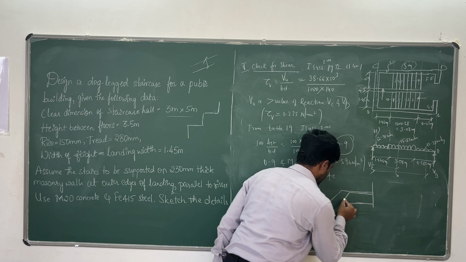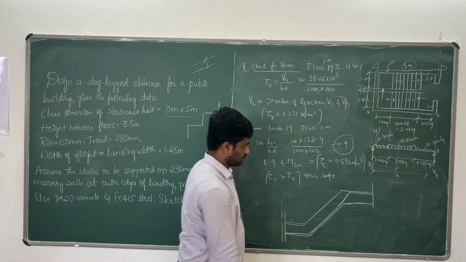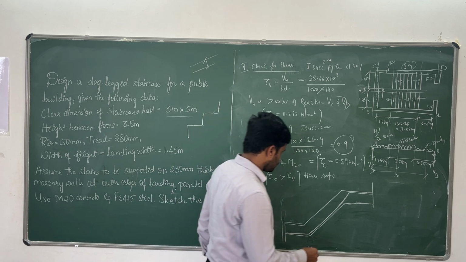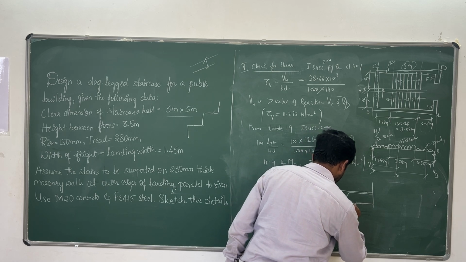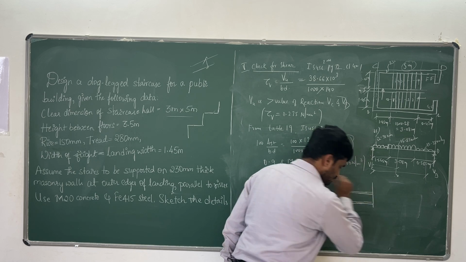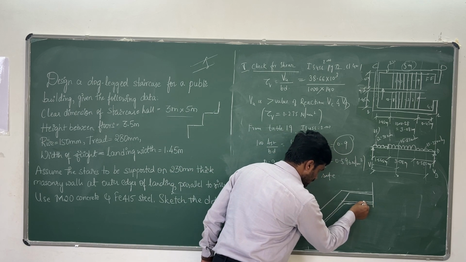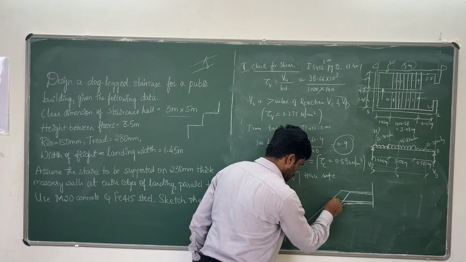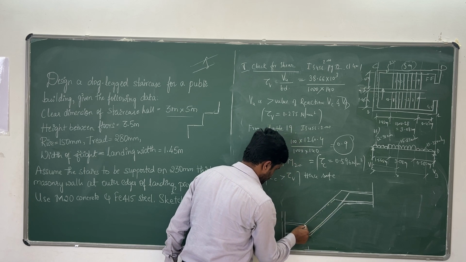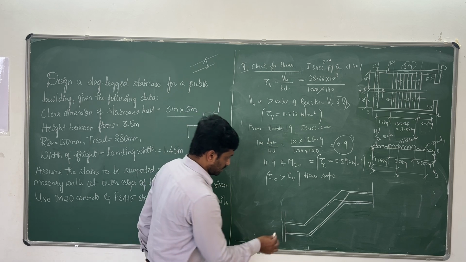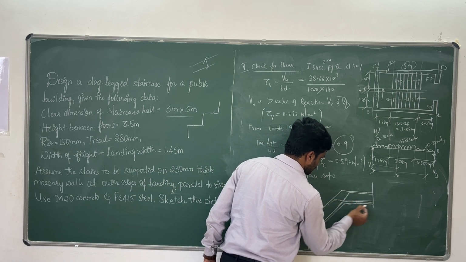Just like this, main steel, like this. From here, it will come like this. This is not visible actually, but here it's a reinforcement, like this.